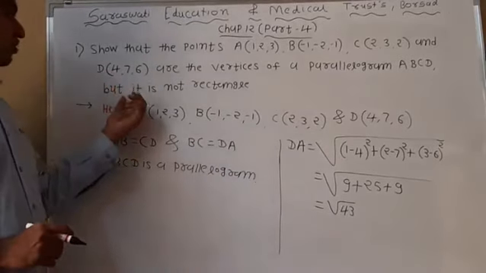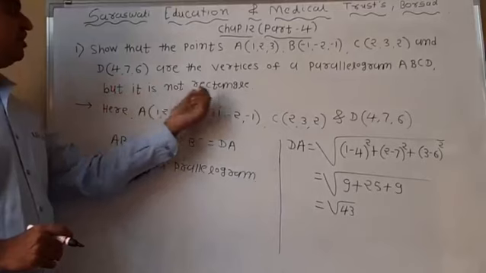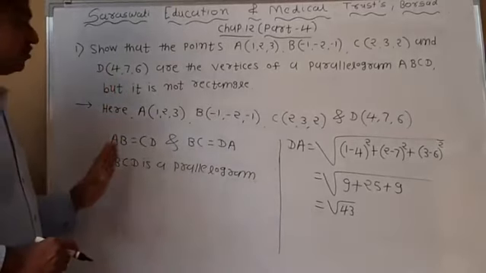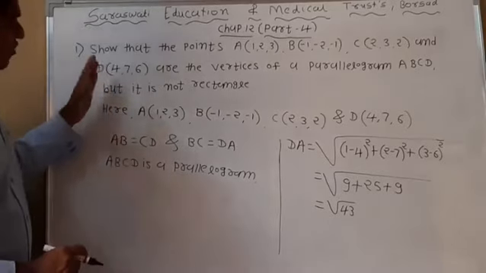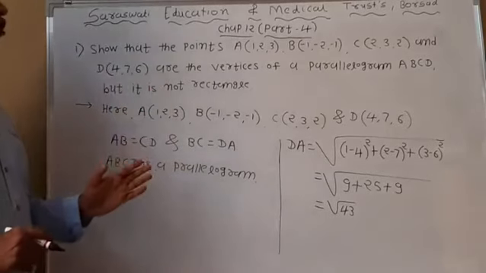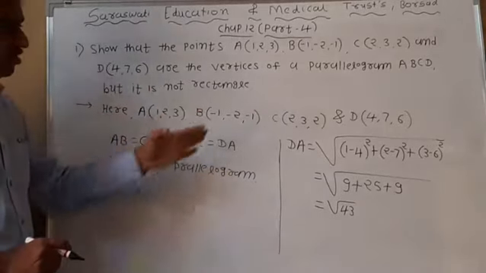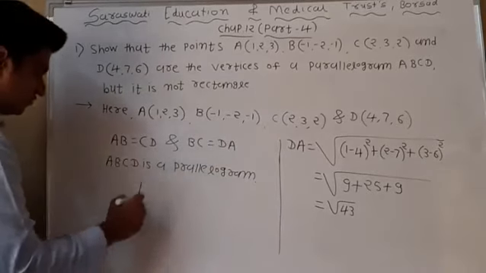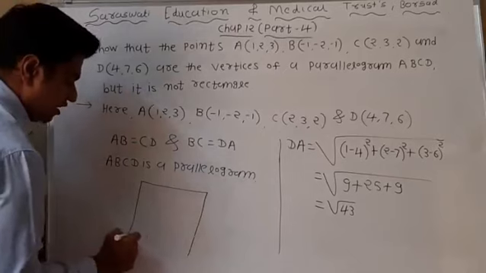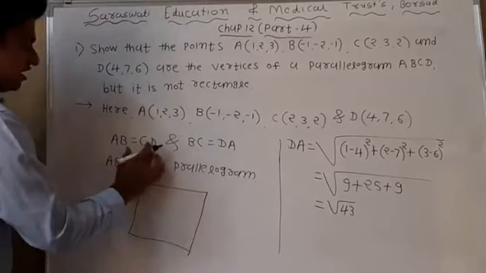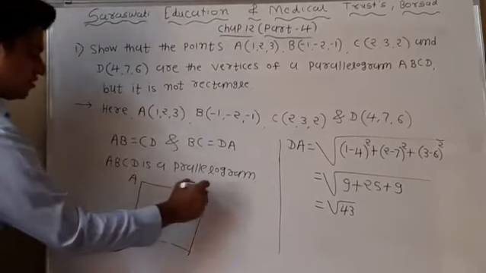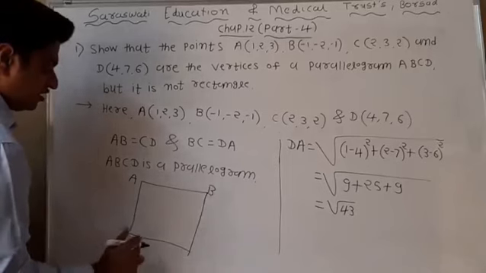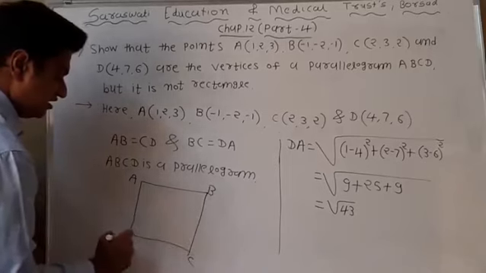But here another question is asked: it is not a rectangle. So how can we find out it is not a rectangle? We find the diagonals AC and BD.